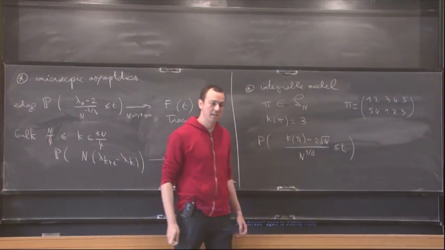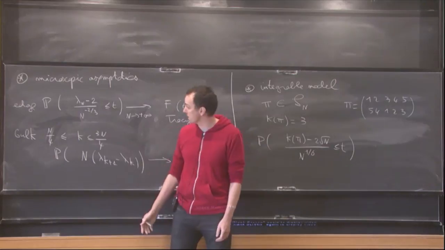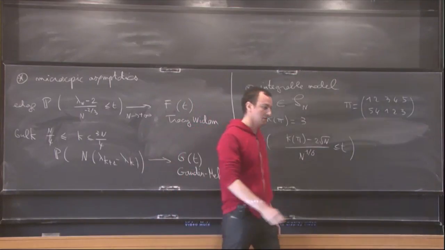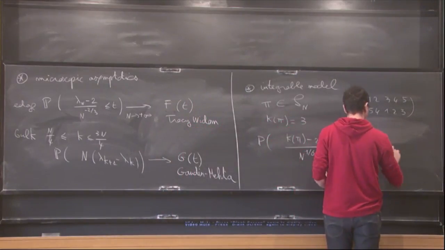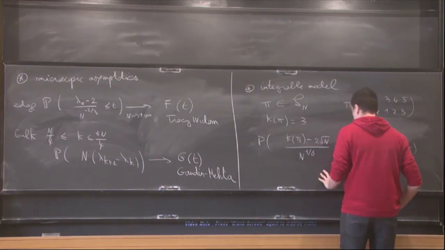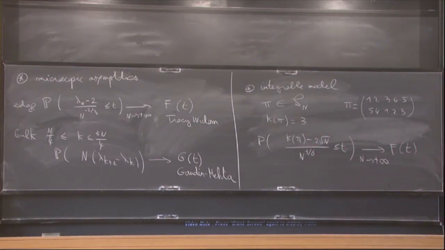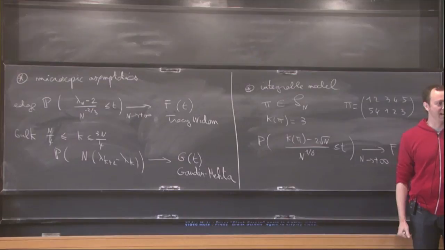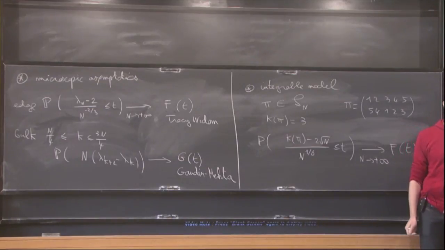This, for any t, has a non-trivial limit, which is exactly this f of t. I cannot give you any obvious reason for that. There are some algebraic structures, determinantal point processes, behind it that justify things, but it's really of algebraic nature. We have no direct bijection or whatever between models.